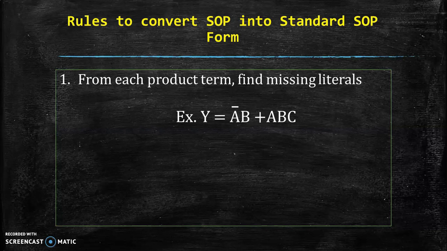Now we can observe that the Boolean function has two product terms. In the first product term we have a bar b, and in the second product term we have a dot b dot c. So we can see that in the first term literal c is missing. The first step is to identify whether any literals are missing or not. The given example is a SOP form of Boolean function, but it is not a canonical or standard form.